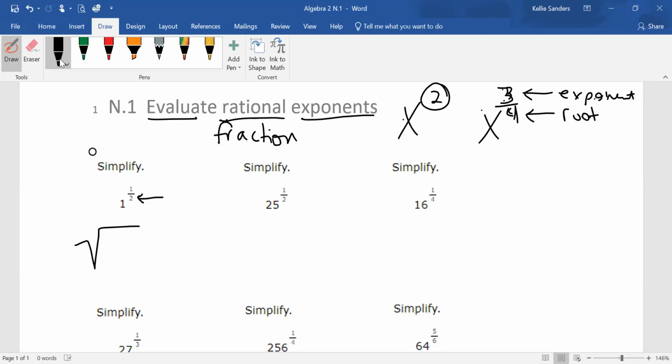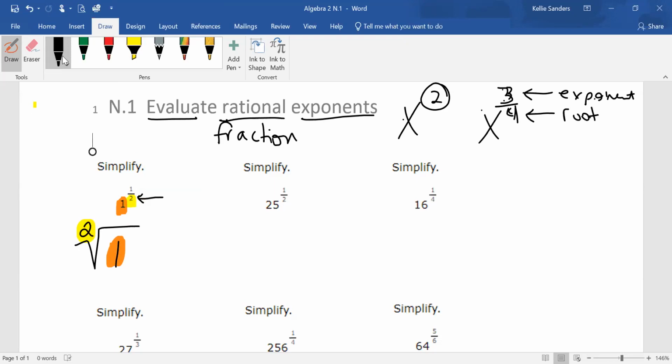So anytime you have an exponent as a fraction, it's basically some kind of radical. Now, your base is going inside the radical. Then your root is outside here.